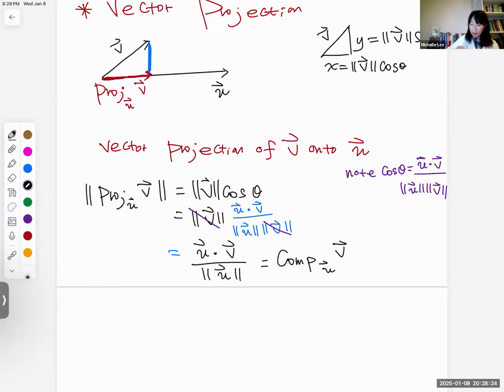And also we say that the magnitude of the projection of V onto U, this one, is also called the scalar projection of V onto U. Because scalar means a real number, right?